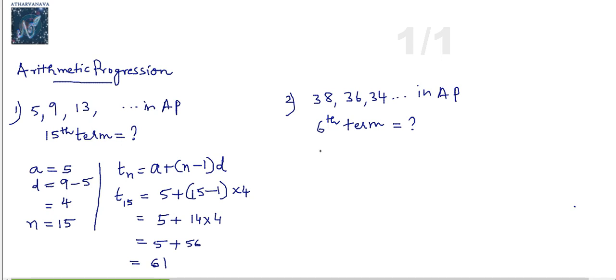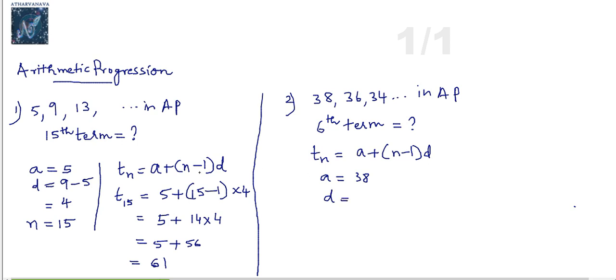So what I'll do, first list the formula. Tn is equal to A plus (N minus 1) into D. See, every time I just write the formula, please do that. A is equal to 38 and D. This is where you have to be very careful. See, I am changing my pen color and I am writing here.